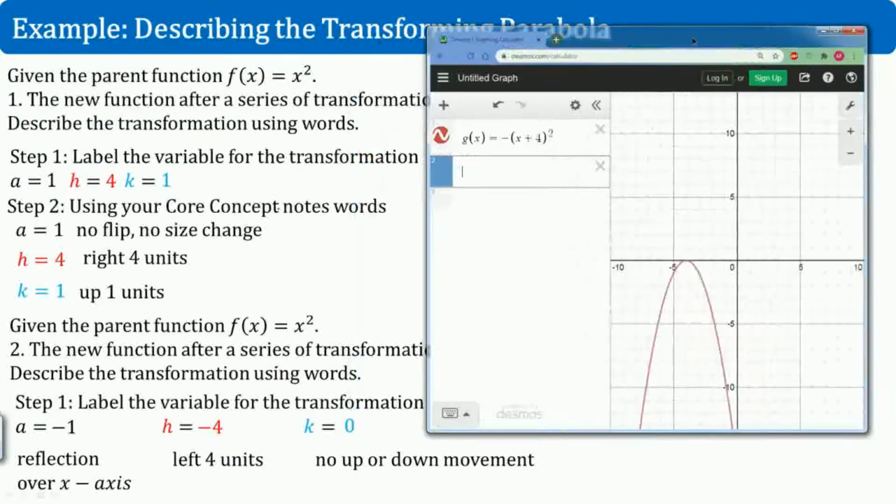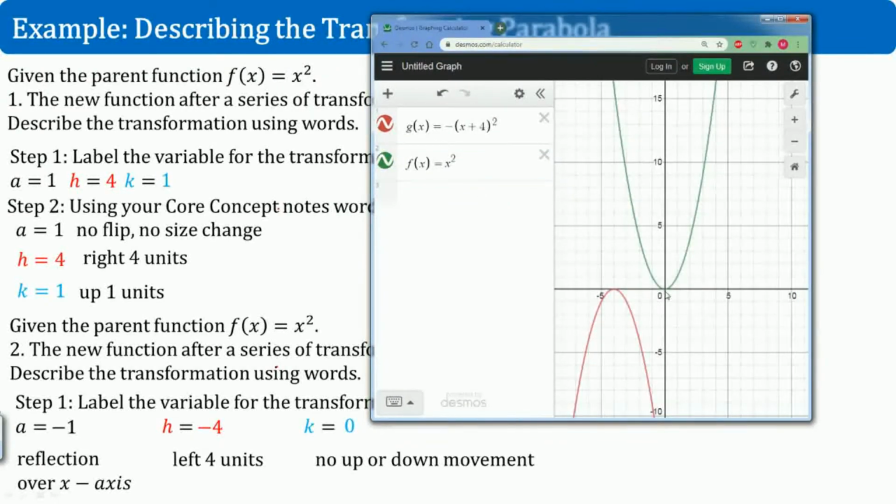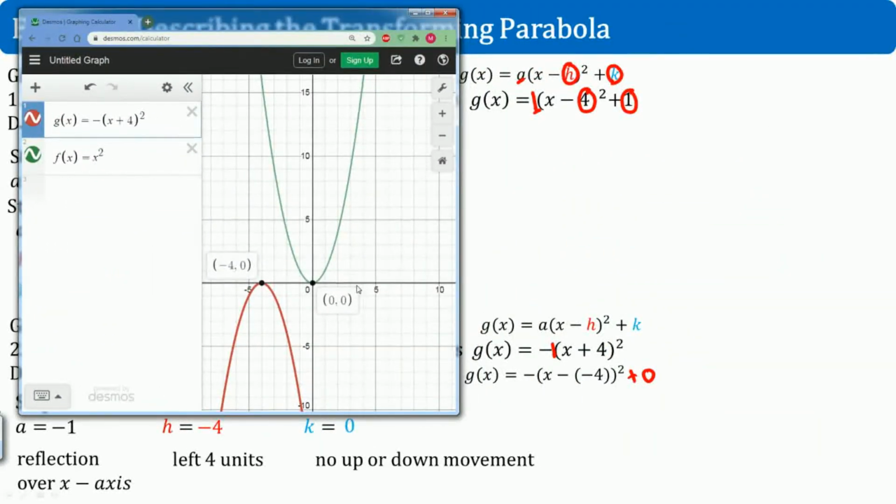My original was f of x equals x squared, the green one. Did I reflect it over the x-axis? Yes. Then did I move 4 units to the left? Yes. This is how you can double check your work: graph it and see if your description matches up.